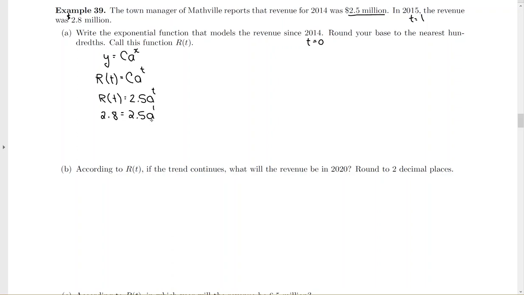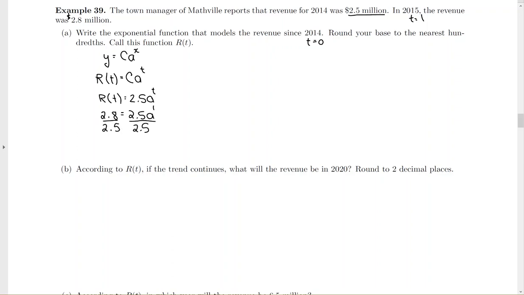Solve for a. So I do powers first. A to the 1 is just a. And I'm going to divide then off by 2.5, to get that a by itself. If that had been a squared, I'd still have to start by dividing both sides by 2.5.